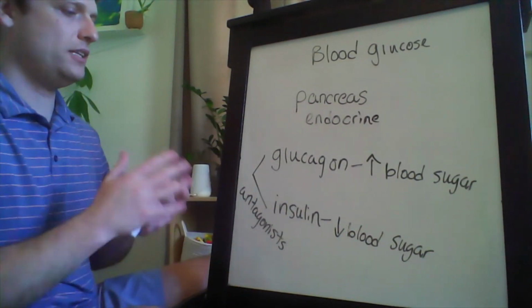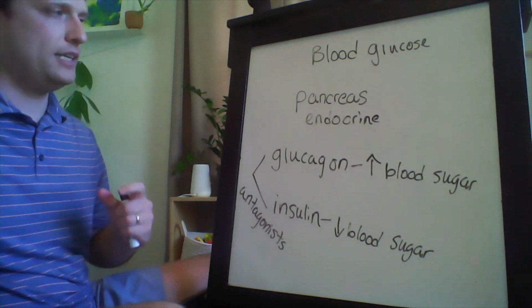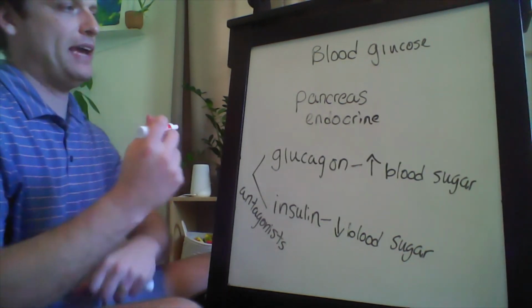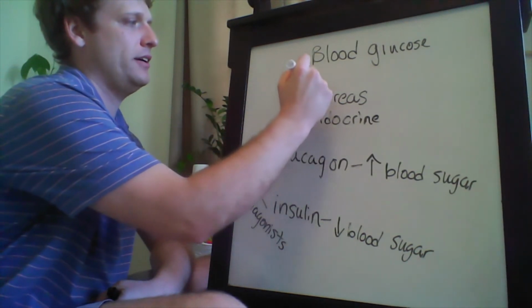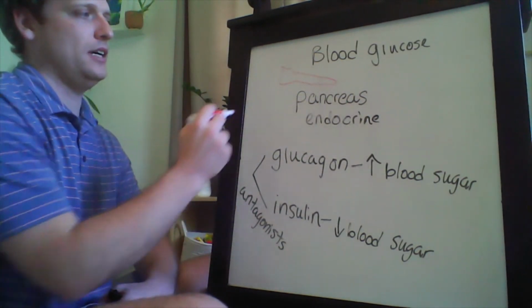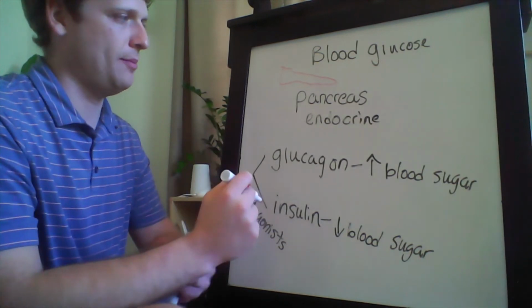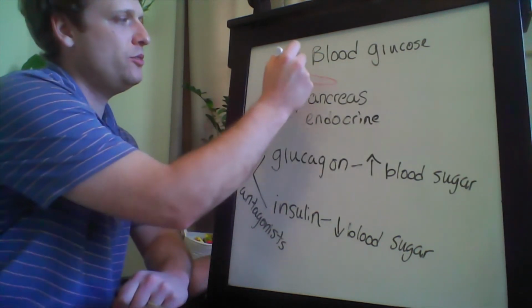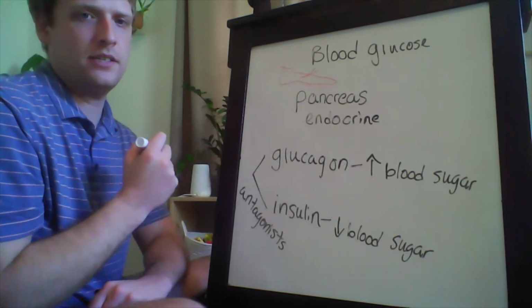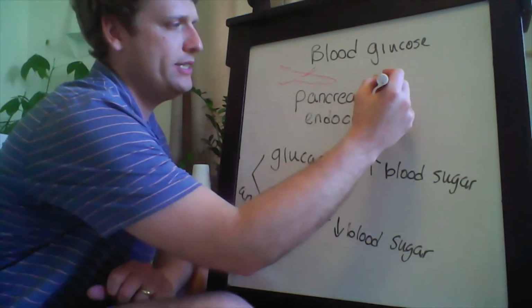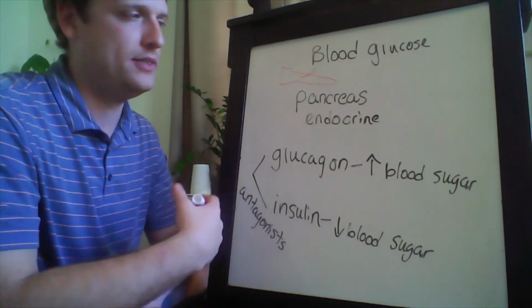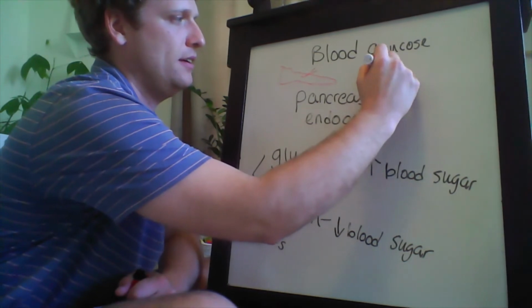So before we get into any more about glucagon and insulin, I want to talk about the pancreas. If you look at the pancreas, it's an organ that looks something like this. It sits right next to your stomach. But if you zoom in on the pancreas and looked at it under the microscope, you'd see what are called islets.